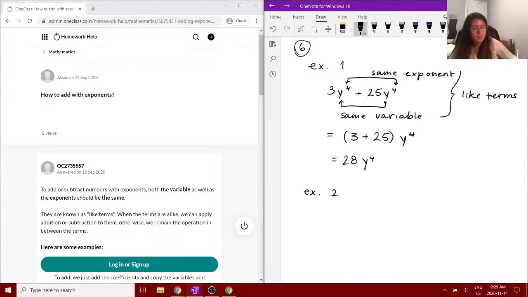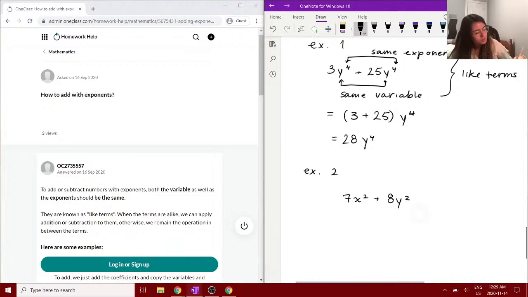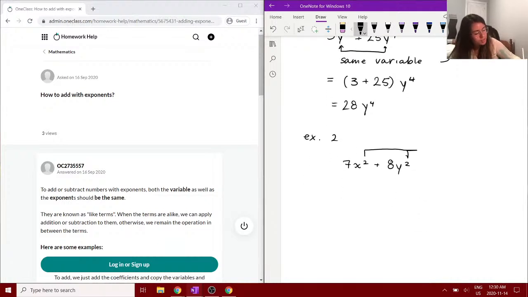So second example, if we have 7x squared plus 8y squared, now we have the same exponent again, which is a 2. But we notice that one is x and one is y, so we have different variables.